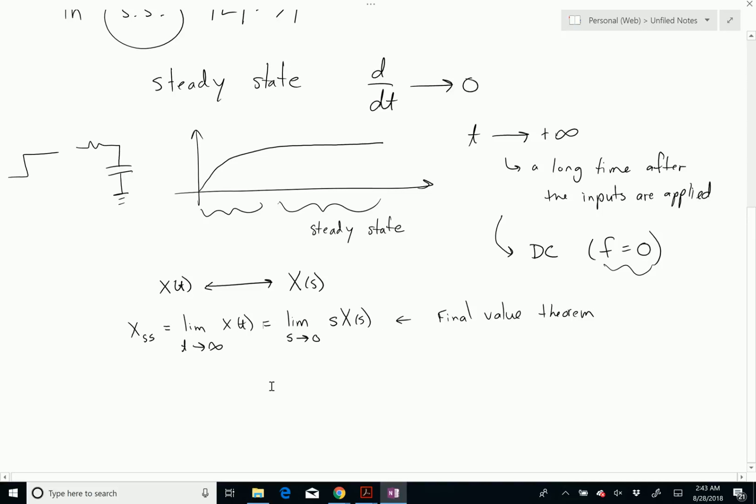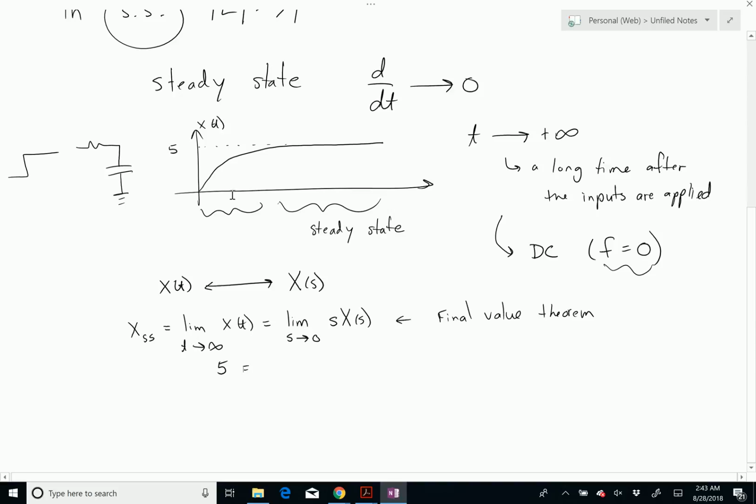Basically, in words, what it's saying is, if I'm looking at a signal, let's say this is x of t, and let's say the final value of this is 5, okay? Well, in this particular case, as t goes to infinity on this x of t, this better be 5, okay? If I want to know that same value from just looking at the Laplace transform, I plug in s equal to 0, right?